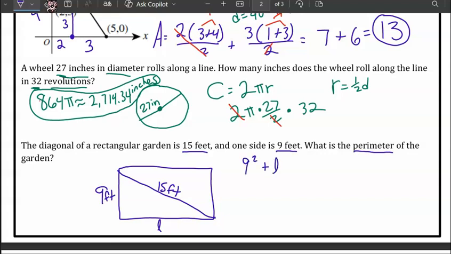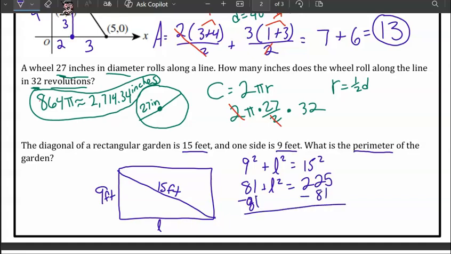9 squared plus L squared equals 15 squared. 81 plus L squared equals 225. Subtract 81 from each side. And then we get L squared equals 144. Take the square root of each side.